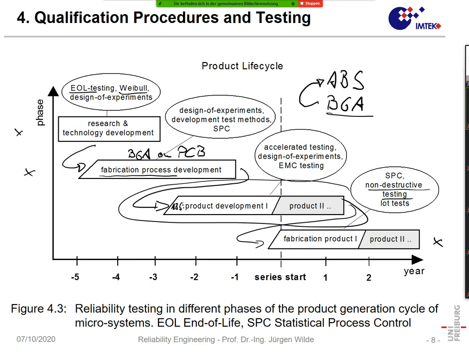And here you could say the complete time from definition of a new technology until you come to a product which is running in series goes over a minimum, let's say, of 5 years, and the complete cycle until the product is outdated and is withdrawn from the market, it could be 15 to 20 years.